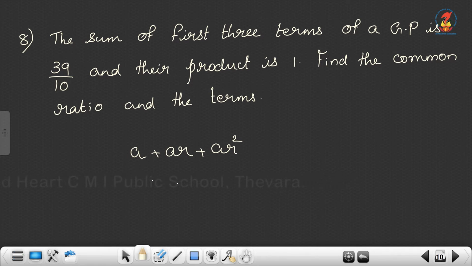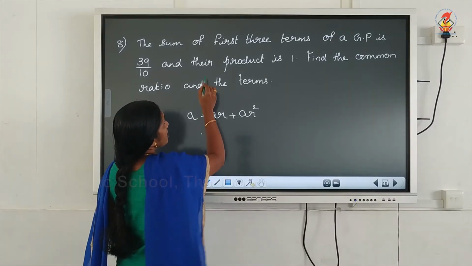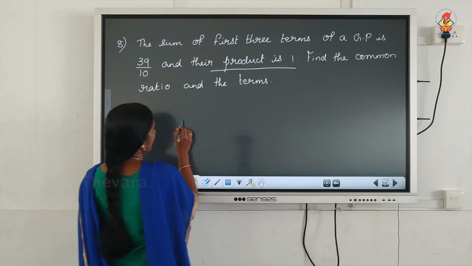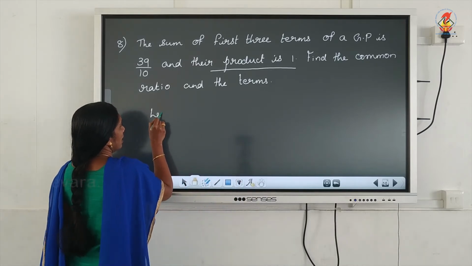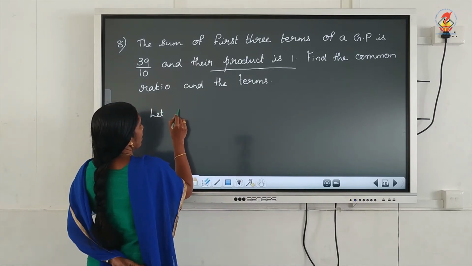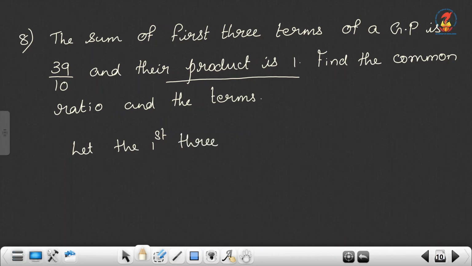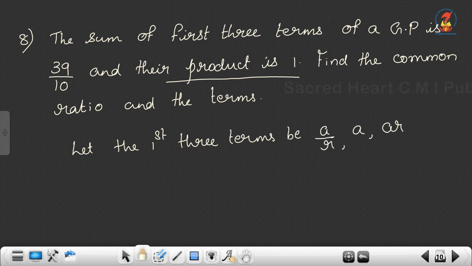But for easy calculation, since here the product is given, we can take the first three terms to be A by R, A, AR.